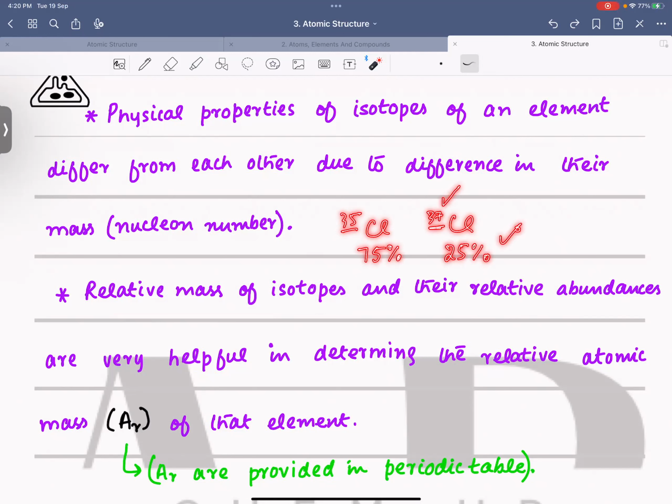If we know these two pieces of information, it will be very helpful in determining the relative atomic mass. So what is basically the relative atomic mass? It is the average mass of all the isotopes of an element. Okay, and I will show you how we will calculate this. First complete this.